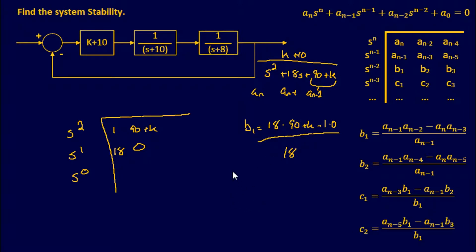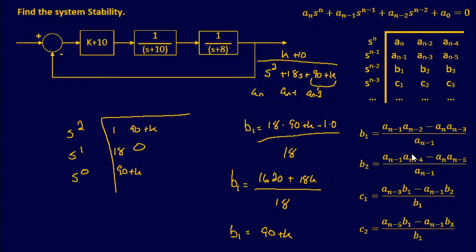So if you multiply this together, B1 equals 18 times 90 is 1620 plus 18K, and then it's over 18. So all you do is kind of undo what you just did here. So it's divided by 18 is going to be 90 plus K.